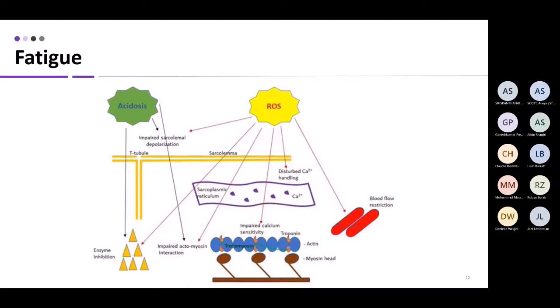Okay, fatigue is the next bit that you need to know. The cause of fatigue is usually fuel depletion, and this is very much linked to the reduction in the ATP that's available. ATP is needed for contraction of the muscles, and it's also needed in your neurons as well. So this is what leads to your muscle strain.